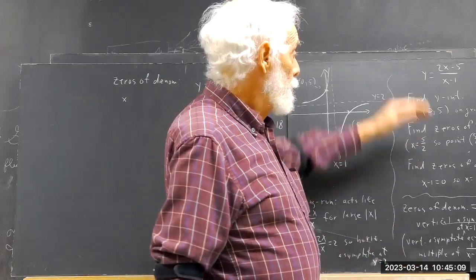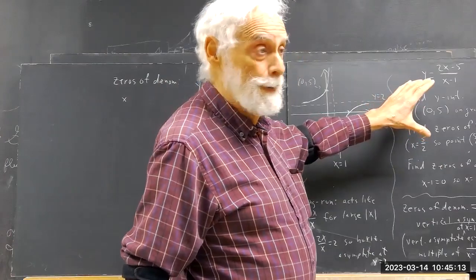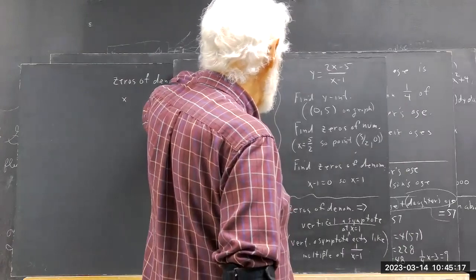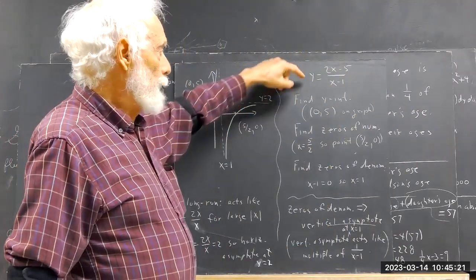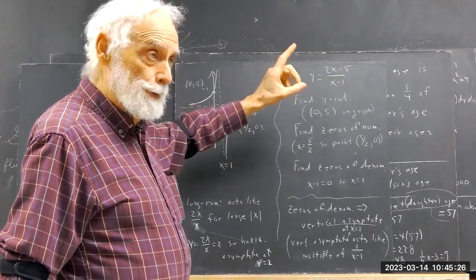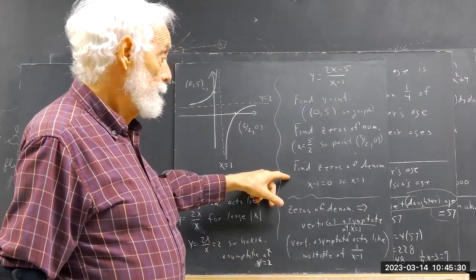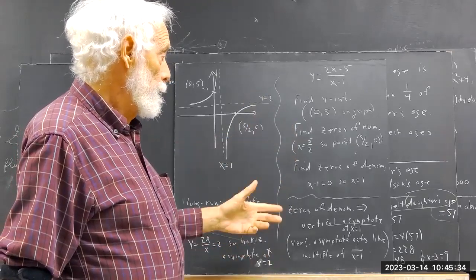Okay, focus on this step. Don't worry about what the graph's going to look like because you don't have a clue at this point. Now, once you get some experience with these, you'll have an idea what the graph might look like. Okay, but find the y-intercept, that's one step. Okay, everybody did that. Find the x-intercepts, or the zeros of the numerator.